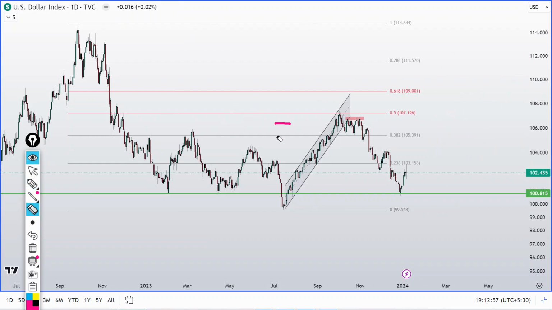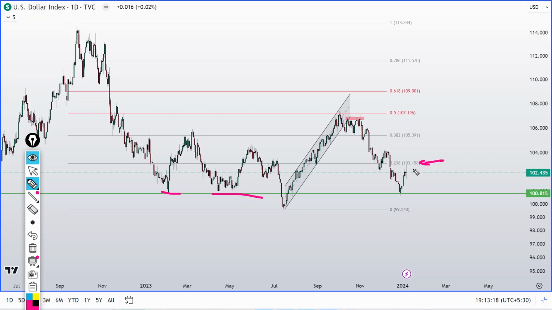I already said many times on this chart that this level is currently a support, the level around 100.815, so it is currently retracing or pulling back. On the higher side, this level is currently resistance.